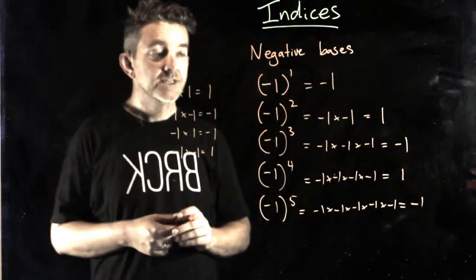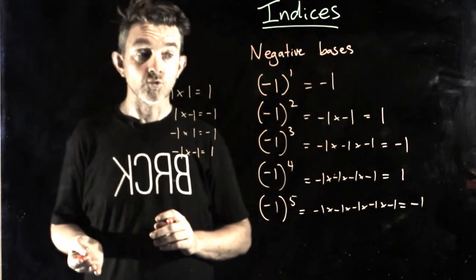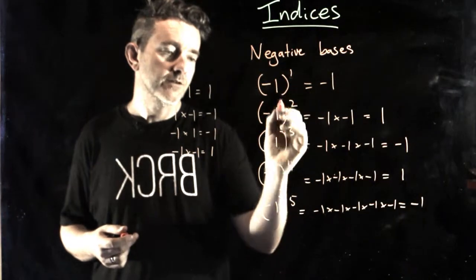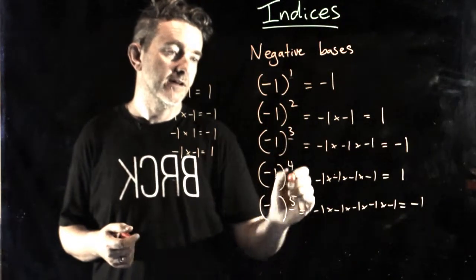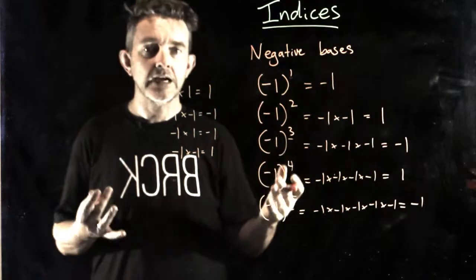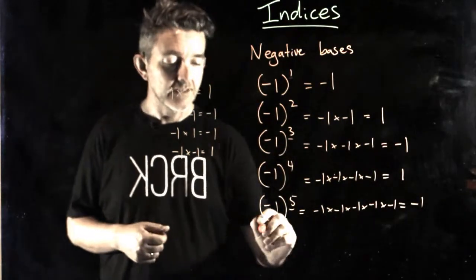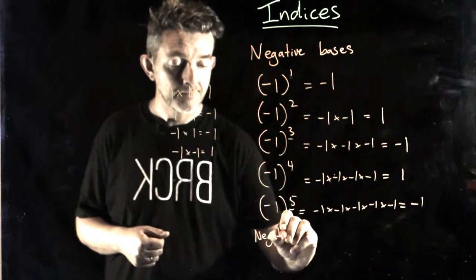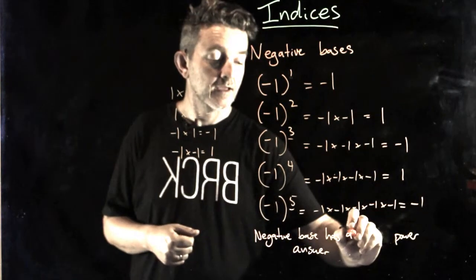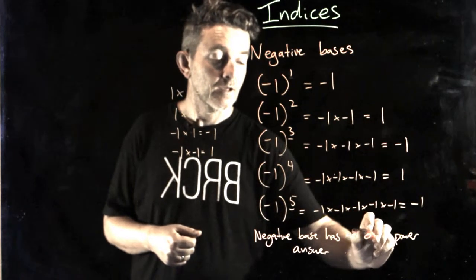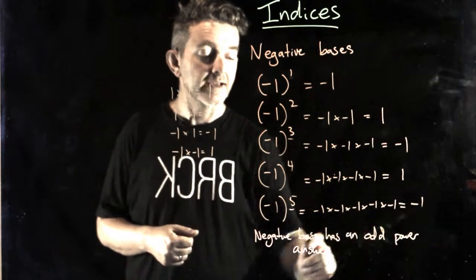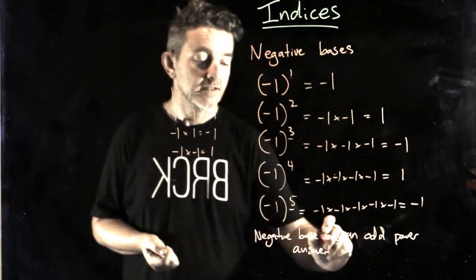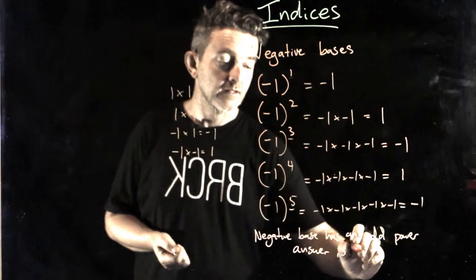So we can make a generalisation from this, we can make a rule. If I look at the powers here, that's an odd power, that's an odd power, and that's an odd power, and these two here, 2 and 4, are even numbers. So I could say that if a negative base has an odd power, the answer is negative.